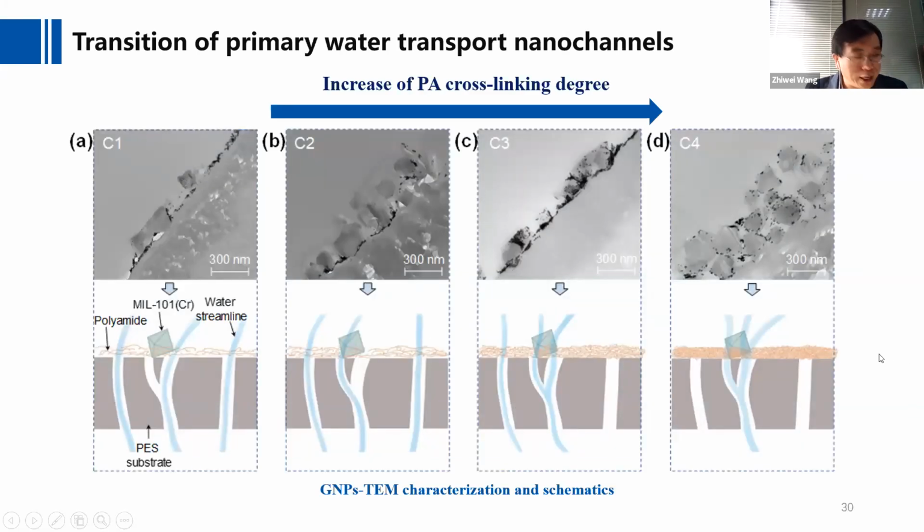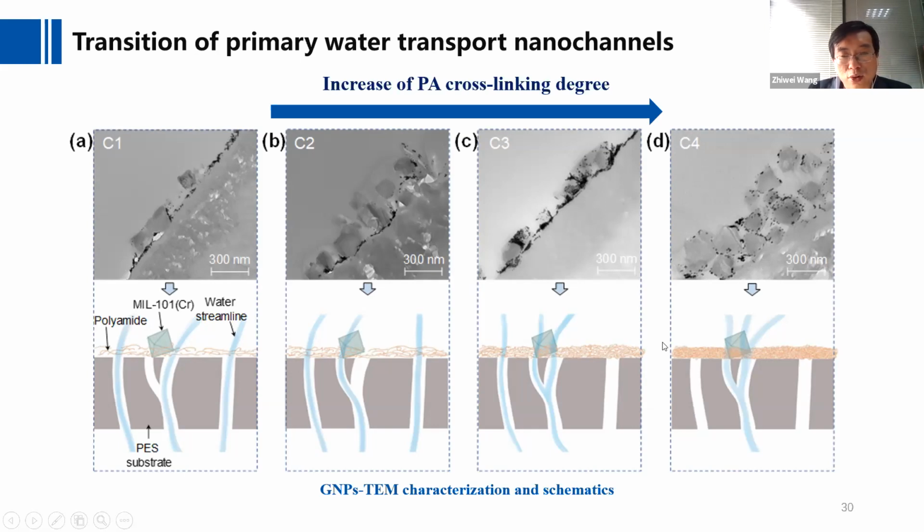So we just show you here, if you use a lower PIP dosage, the water will not only pass through the PA active layer, but also the nanopores of our created nanochannels.